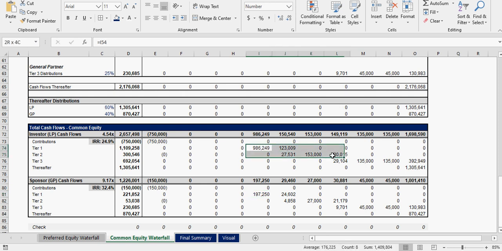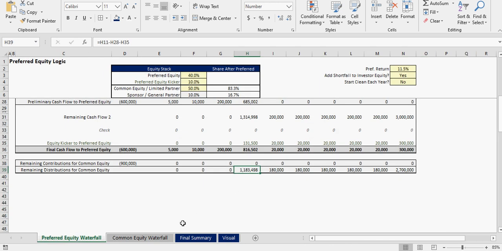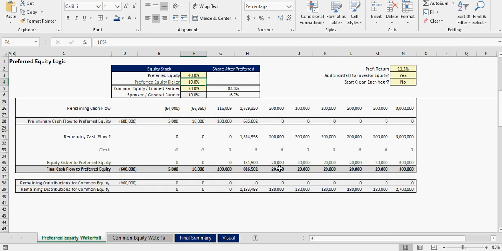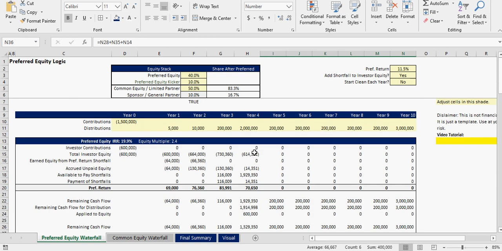And then you can see how those hurdles are working as you move through time, and they're getting the rest of the cash flows. The only thing that the preferred equity is getting after that year four is just their kicker, whatever that might be. It could be zero, but you can see that's all they're getting after their equity is paid back.